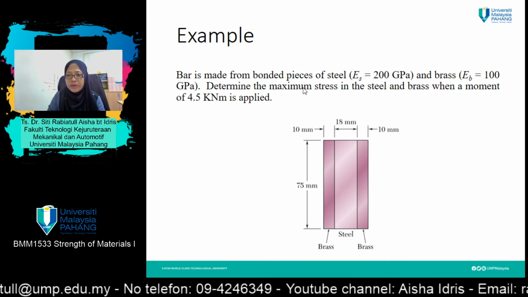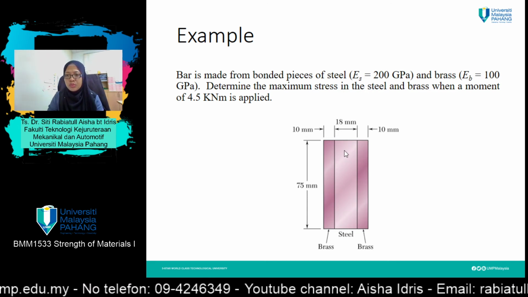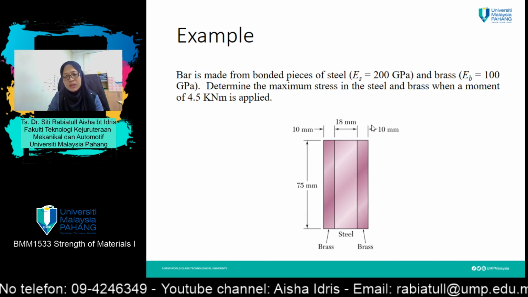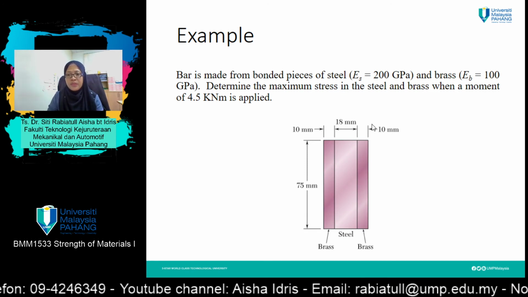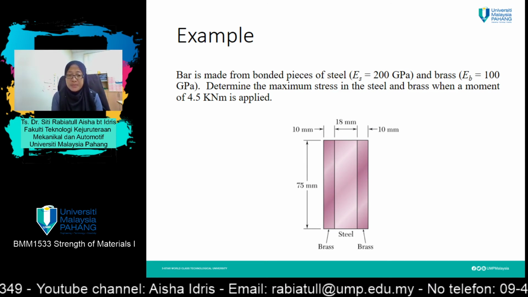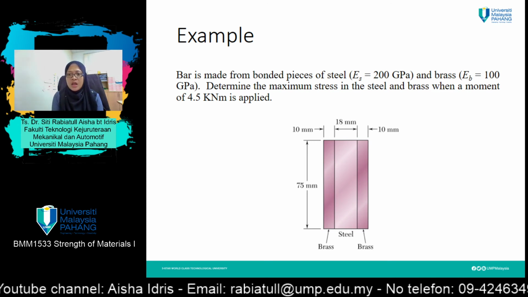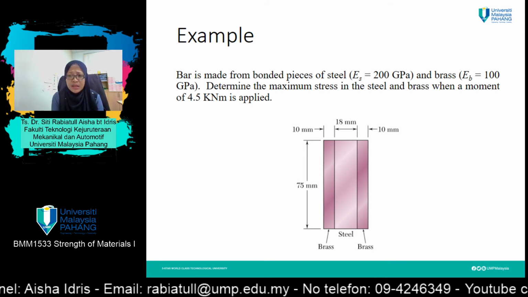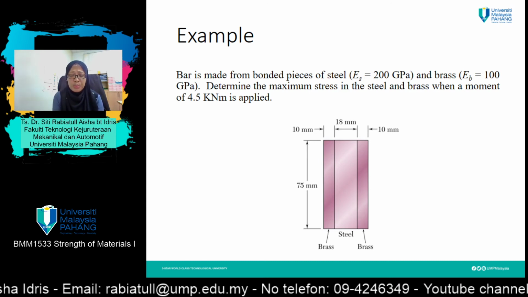If you refer here, steel is 200 gigapascal and brass is 100 gigapascal. From your own perspective, what would you change? Whether you want to change the steel to brass or brass to steel.